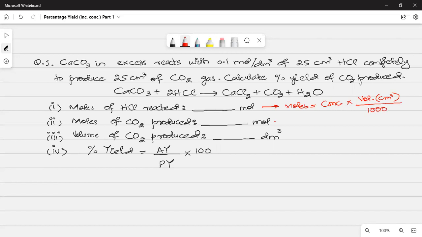Okay, so for the second step, I would suggest that you go with the ratio of HCl to CO2. You know what to do with the numbers over here. For the third step, volume is equal to moles. Since we're talking about a gas, the formula changes.